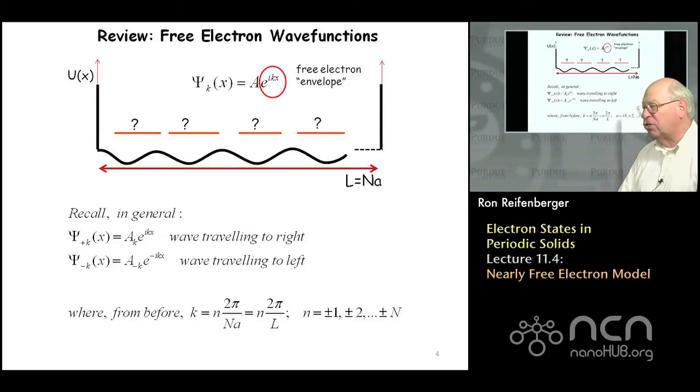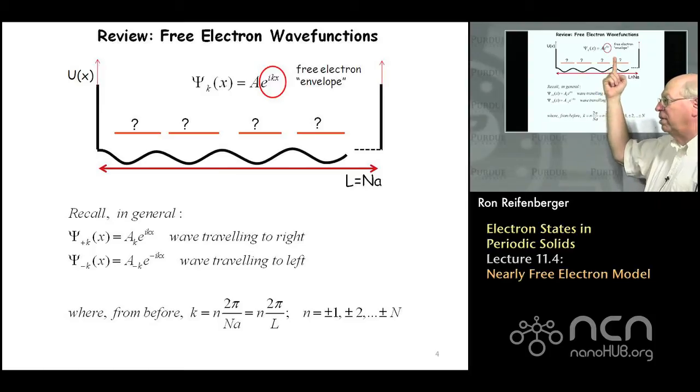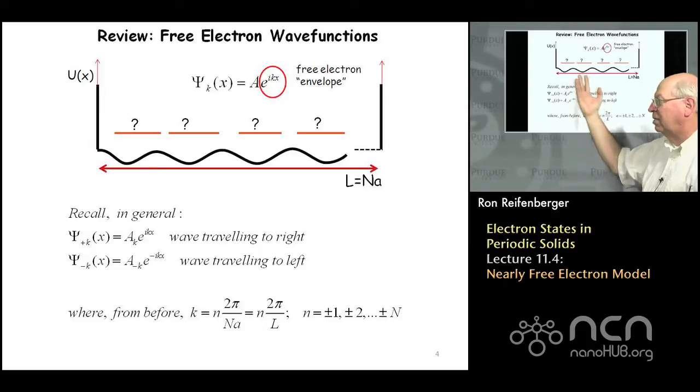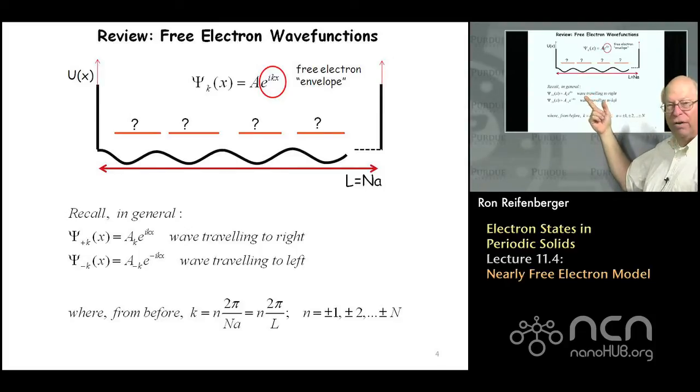We're going to start by assuming that there are free electrons that have wave functions given by e to the ikx that move in this potential well with this sinusoidal modulation to the bottom. We'll recall that in general there's going to be a free electron wave traveling to the right, given by a plus e to the ikx, where the argument is associated with a positive sign. A wave traveling to the left would be an e to the minus ikx.